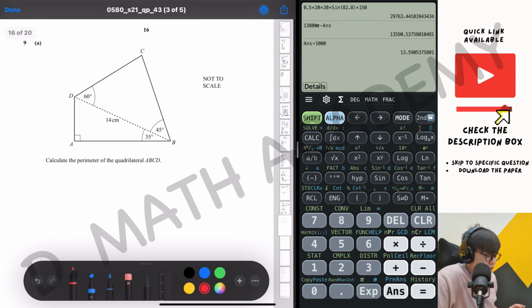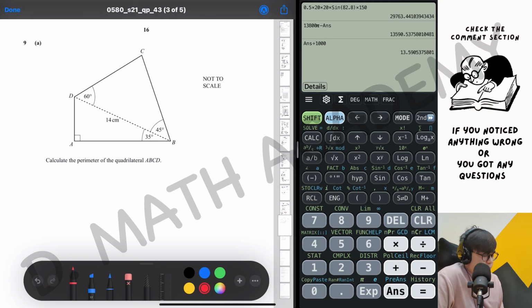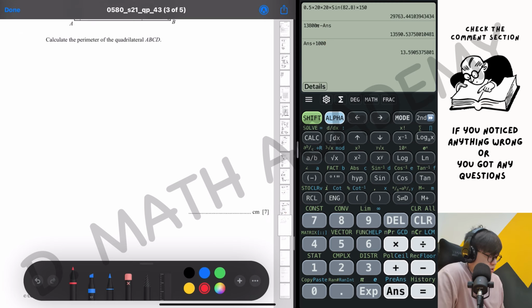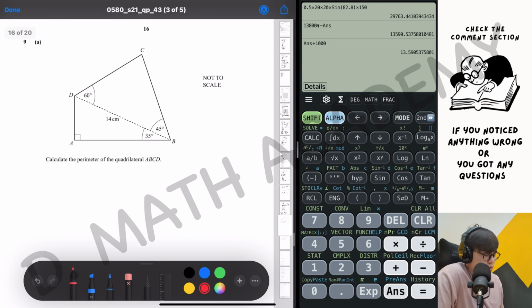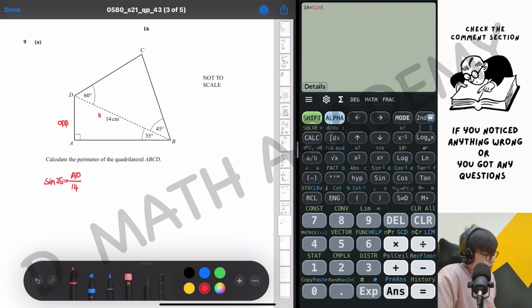Moving on to question 9, looking for the perimeter of the quadrilateral here. So we have 14, and there's quite a lot of work to do here. I will first find the opposite and hypotenuse here. So sine, 14 times sine 35.